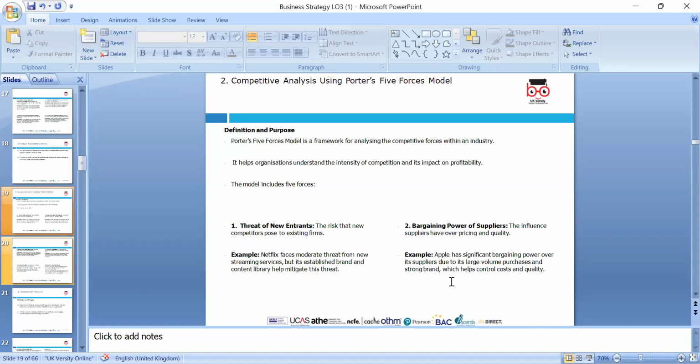Netflix focuses on the moderate threat from the new streaming services, but its established brand and content library help mitigate this threat. So we can look around the bargaining power of suppliers, the influence suppliers have over pricing. We can look around, Apple has significant bargaining power over its suppliers due to the large volume of purchases, and a strong brand helps the cost and the quality.